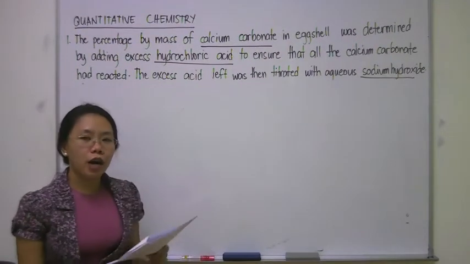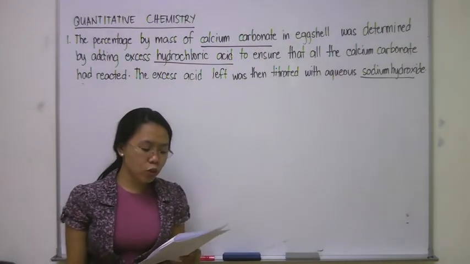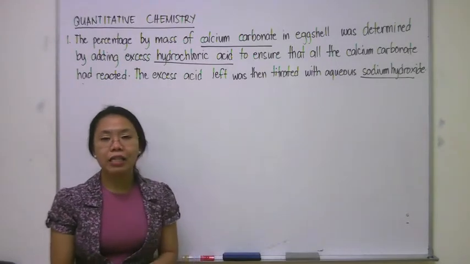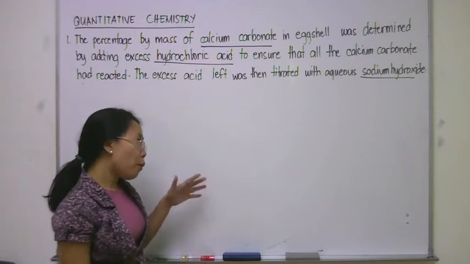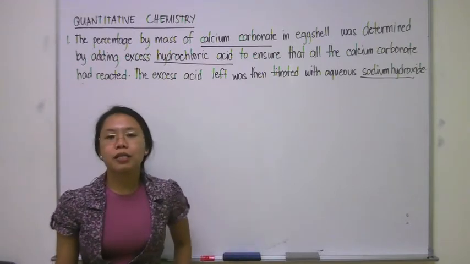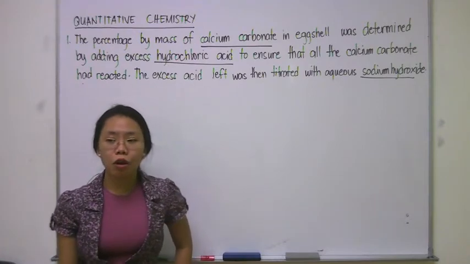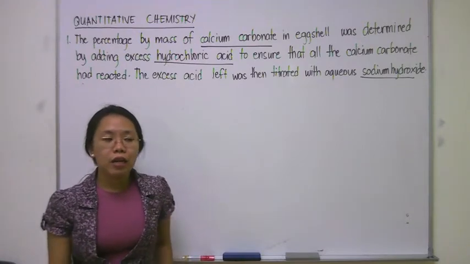Okay, for letter G, deduce one assumption made in arriving at the percentage of calcium carbonate in the eggshell sample. From our previous workings, we calculated the moles of calcium carbonate using the moles of HCl.